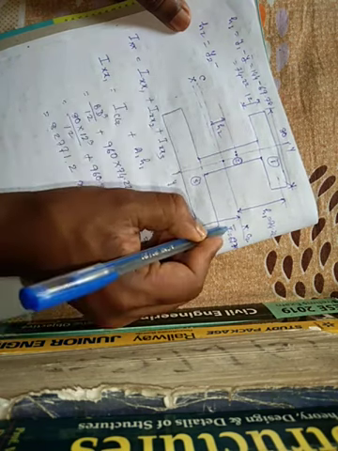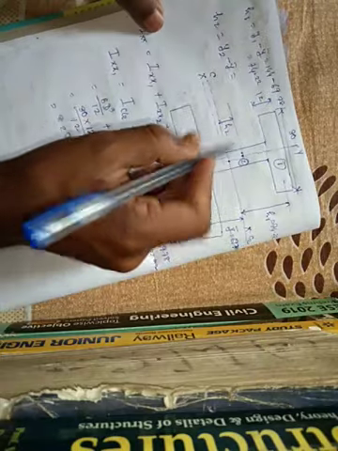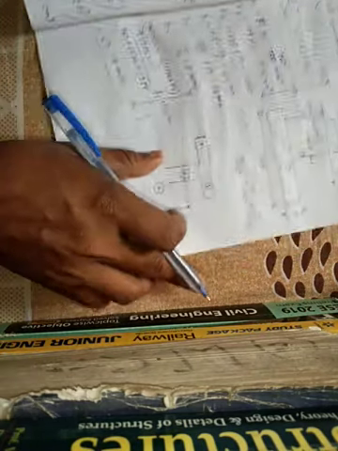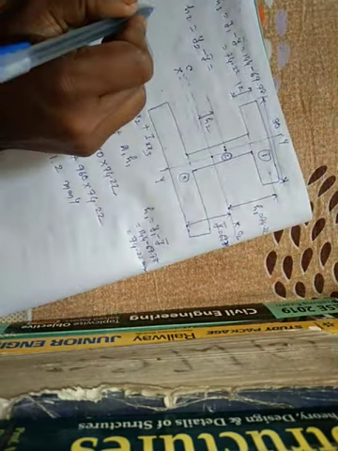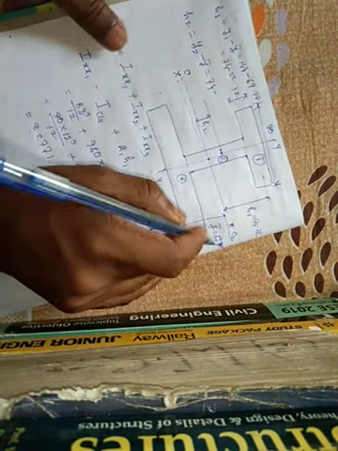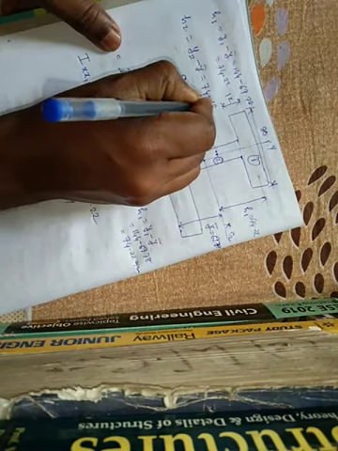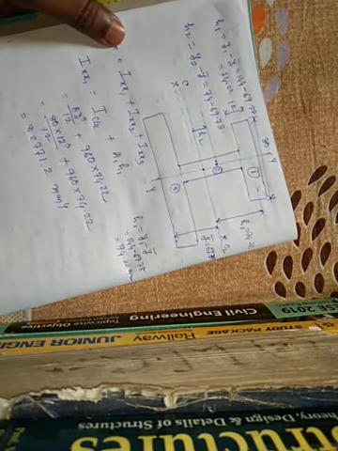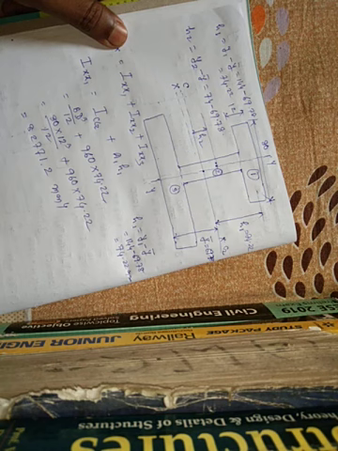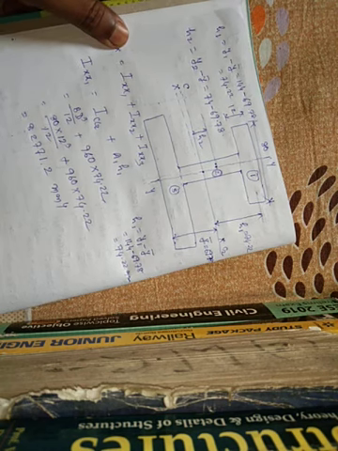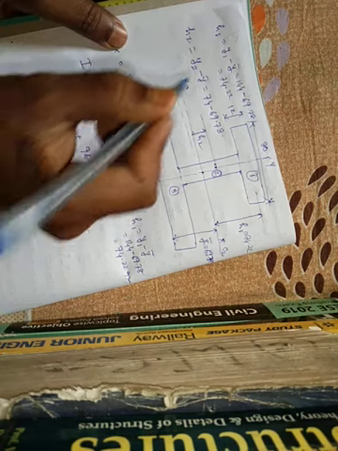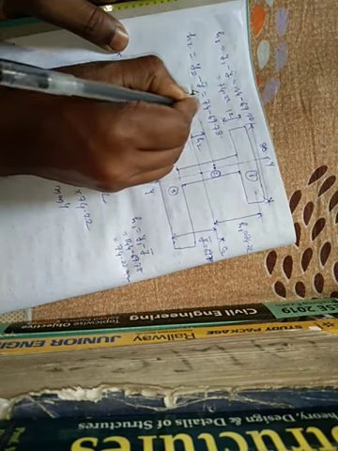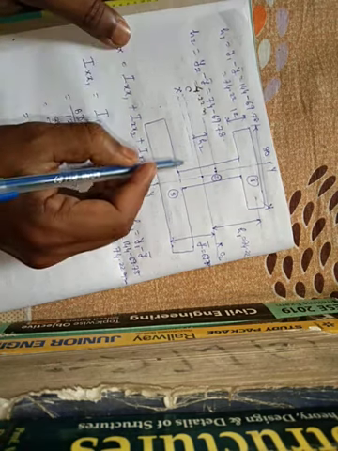Y2 is equal to 74 minus y bar, 69.78, which is 4.22 millimeter.